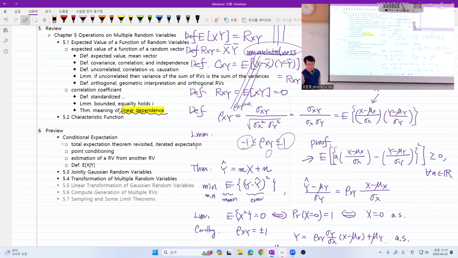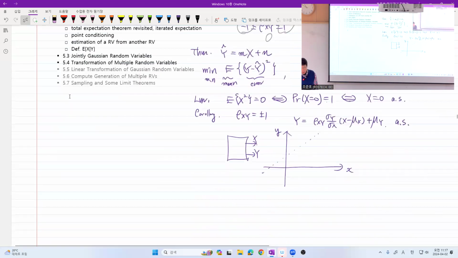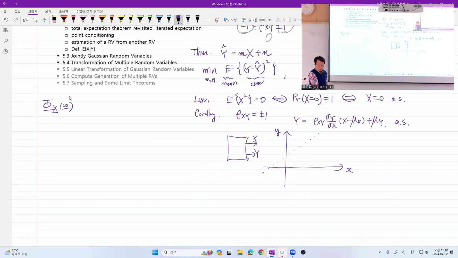The last topic of last class meeting was the characteristic function. And we introduced this notation. Here, x underscore means a random vector, and omega underscore is a vector valued variable of omega 1, omega 2, up to the length of random vector x. And this is defined as the expectation of e to the j omega vector transpose random vector x.